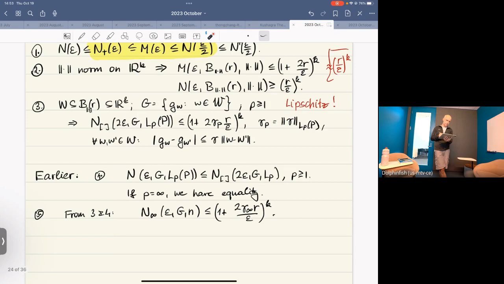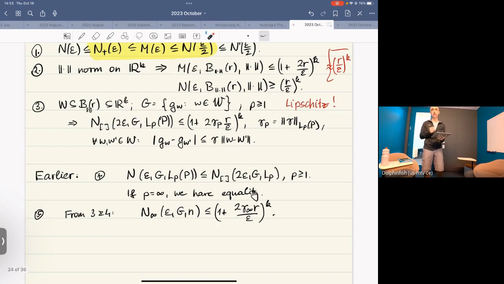And if you consider the Lipschitz case and you want the L infinity covering numbers for the function space, so here this p is infinity, then this gamma p was measuring the amplification factor of this function g, and you just have to take the infinity norms.